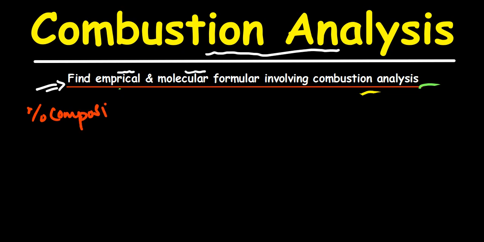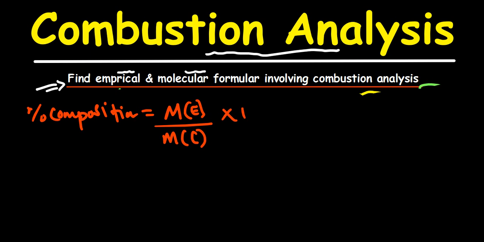So for example, we know that percentage composition is given by the mass of the element you are interested in. So I'll just write mass of the element, and then you divide by the mass of the whole compound, and then you multiply by 100, right? So this is how we find the percentage composition. So let's start with carbon dioxide.